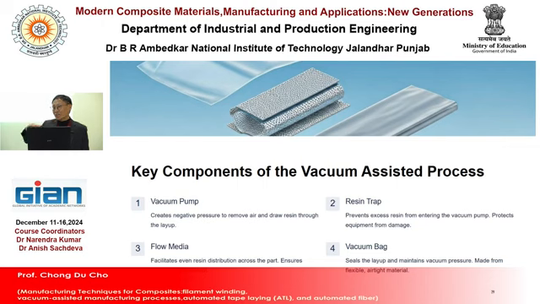It can easily transport molten resin over the preform, so it accelerates the molten resin transport. And the resin trap prevents excess resin from entering the vacuum pump, so it protects equipment from damage.